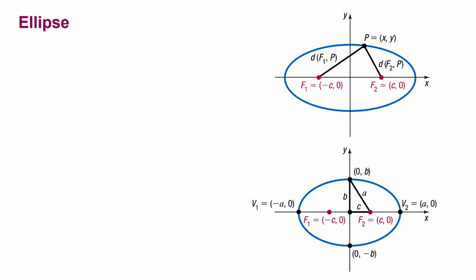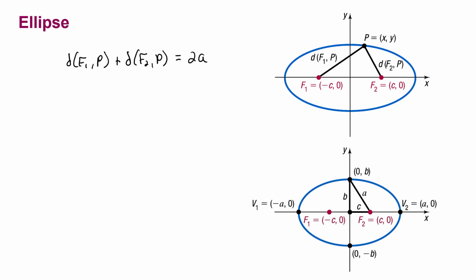It's convenient to let the constant distance that is referenced in the definition be denoted with the number 2a. Then, based on the definition, all points on the ellipse have a sum of distances from the foci equal to the constant 2a. We can write this as the distance from F sub 1 to P plus the distance from F sub 2 to P equals 2a.